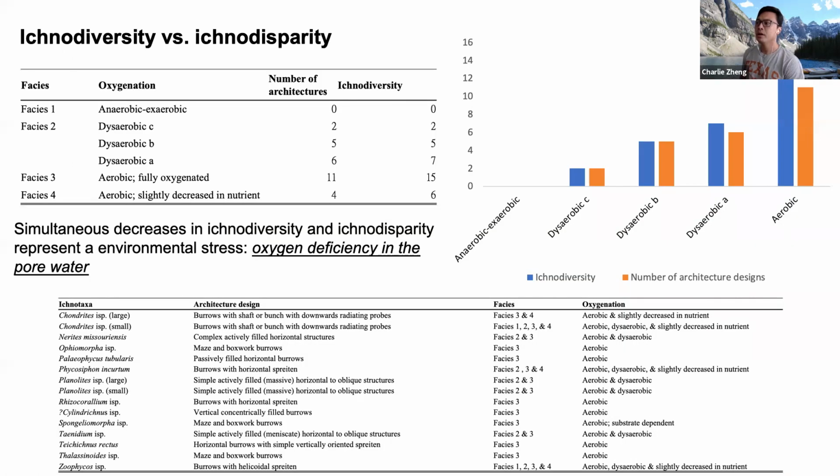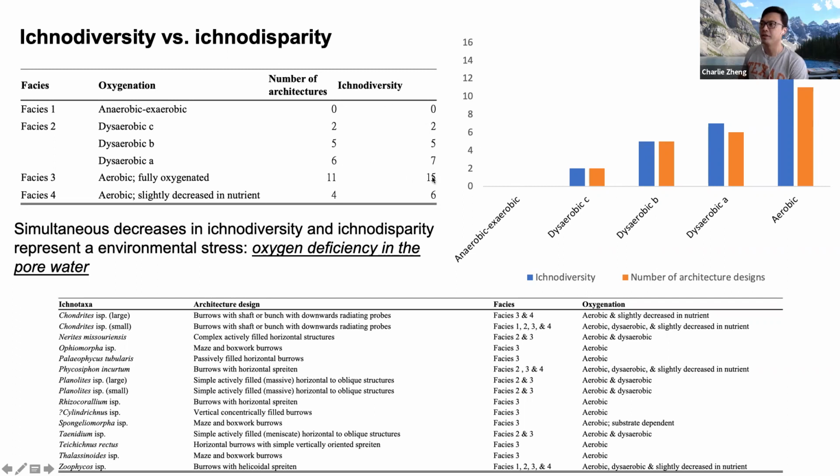All right, so I've been talking about diversity a lot to interpret the benthic oxygenation and conditions. Actually, diversity only measures the number of different species. That doesn't tell you how many types of architectural design there are, which means how the burrowing organisms use the substrate. So we need to discuss both at once to interpret the environmental stress.